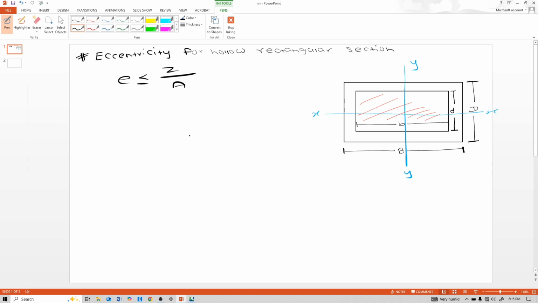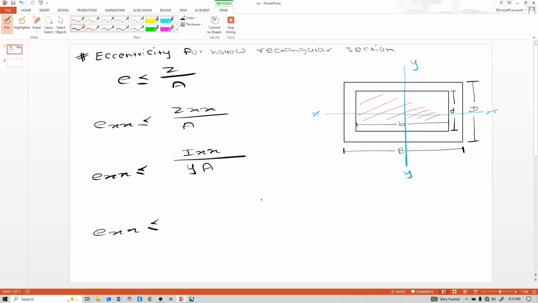Now apply: exx should be less than or equal to Zxx by A. This Zxx is nothing but the moment of inertia about the xx axis divided by y. So exx is less than or equal to Ixx over y times A. Now this is Ixx. The parallel side is this capital B, so Ixx is (capital B D cube by 12) minus (small b d cube by 12).